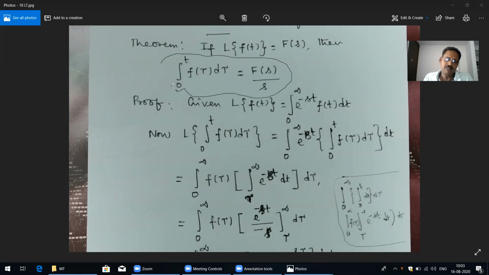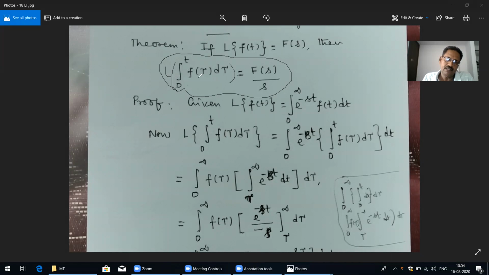To prove that the Laplace transform of the integral from 0 to t of f of tau d tau equals F of s over s. Is it clear now?